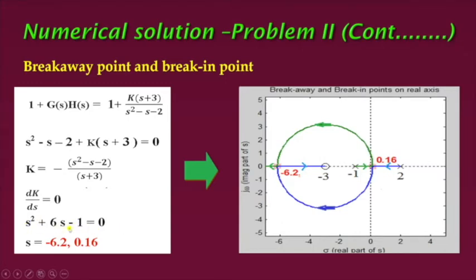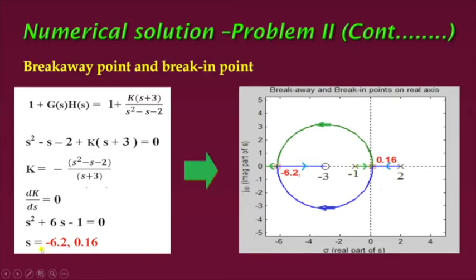Then find the roots of this characteristic equation. s = -6.2, and the other root is 0.16. That means this point lies on the real axis.